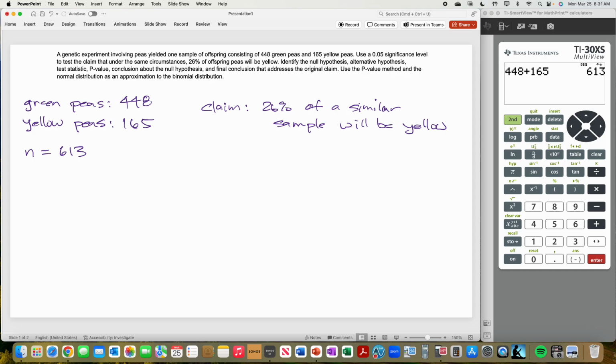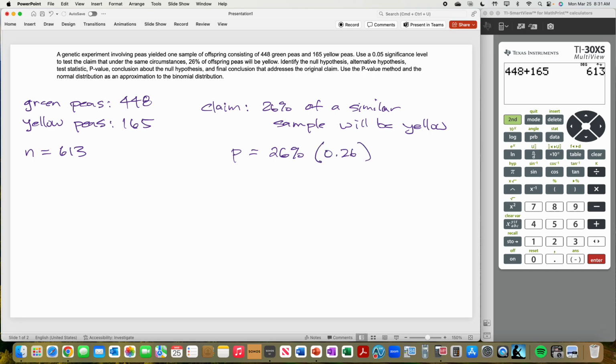That's not the best written sentence. I probably should have said 26% will be yellow peas if we were to take a similar sample. But hopefully, you're picking up what I'm putting down there. And we could make this claim into a symbolic form by saying that the proportion is equal to 26%, or we could write that as 0.26.